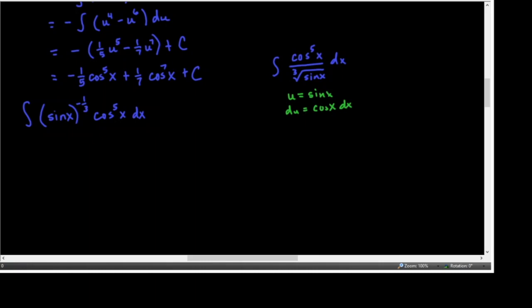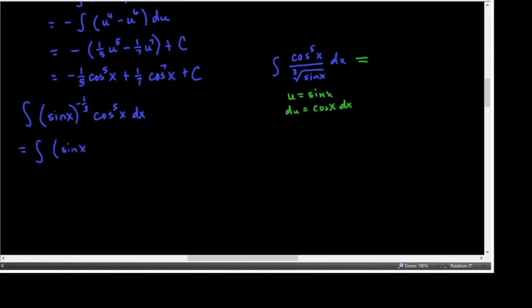Okay, so one of the things I would do immediately is what I did over here: I'd rewrite the cube root of sine of x in the denominator as sine of x to the negative 1/3. Then, having made the decision to let u be sine of x, this is fine as is.